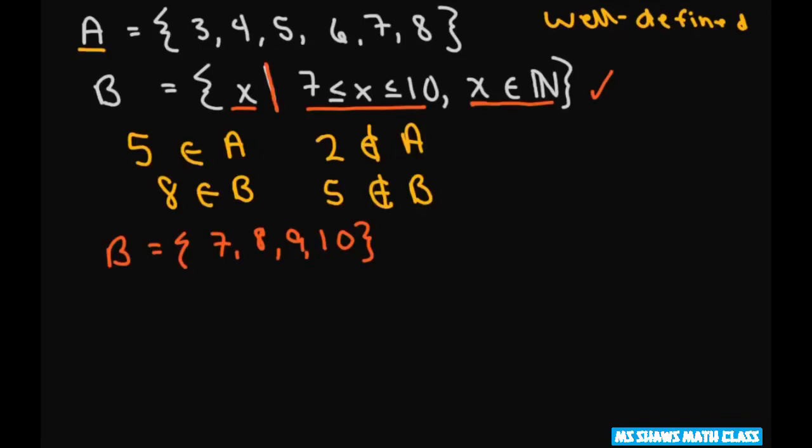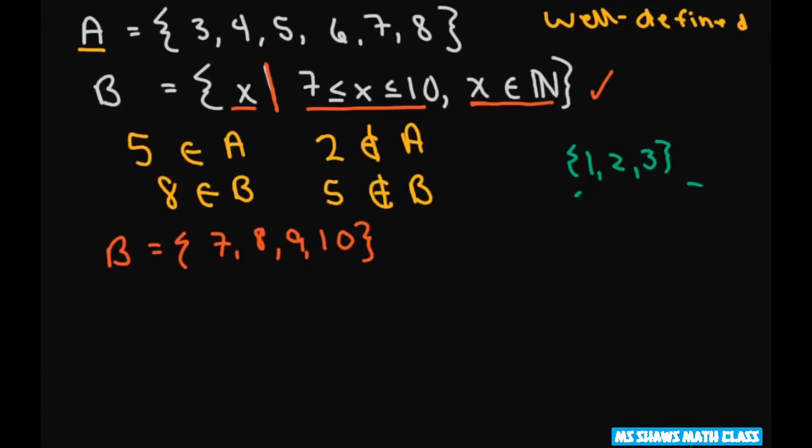The order of elements is not important. So, for example, the set 1, 2, 3 is the same as 2, 1, 3. You don't write it down twice. Also, in a set, elements are not repeated.